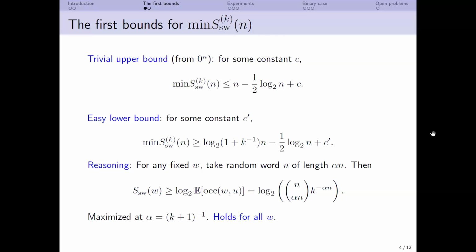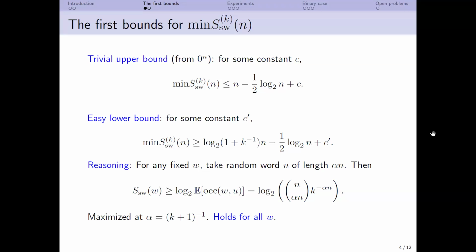And we can also get a relatively easy lower bound. How do we do that? We fix any word W of length n, and then we take a random subword U of length alpha n. Now we'll try to tweak the value of alpha. Because the subword we took was uniformly random, the expectation of the number of occurrences would be very easy to compute.